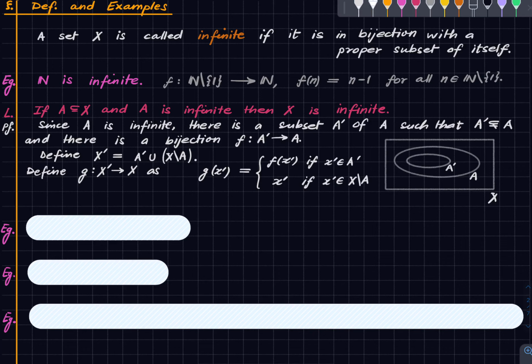These are disjoint, A prime and that part are disjoint of course. So if your input is from A prime, then just use the function f to send x to wherever.